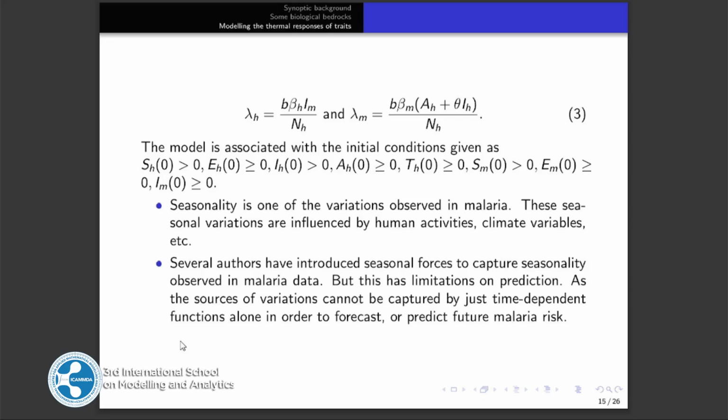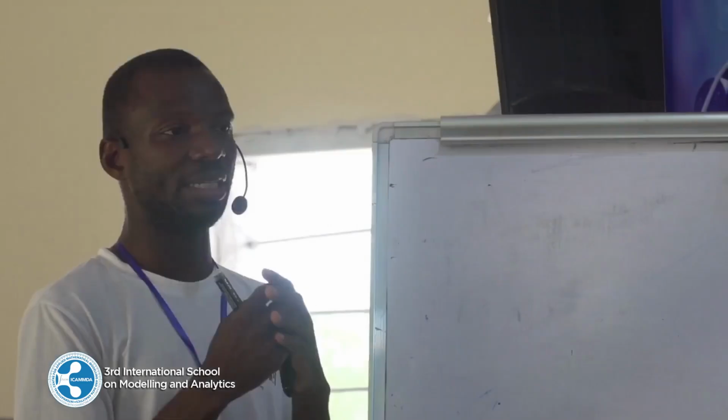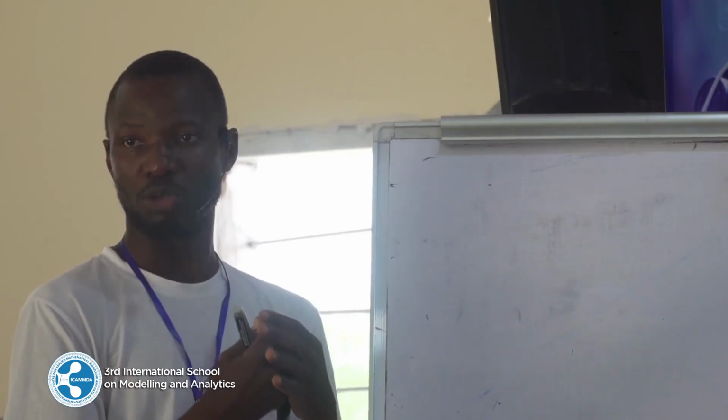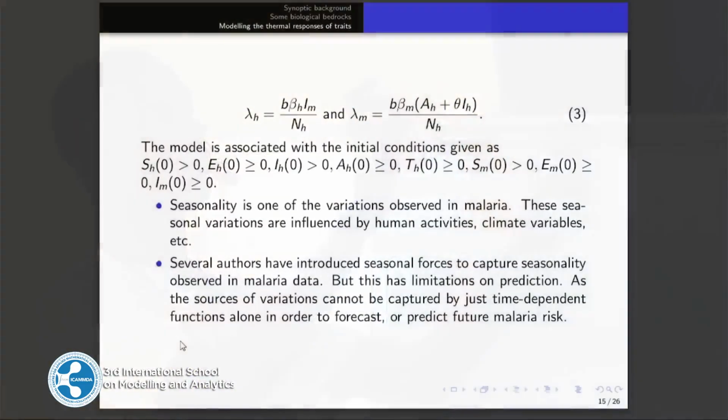So now that you know there is seasonality, you want to ask what are some of the things that can follow these seasonal patterns? One, the biting rate can follow that seasonal pattern. The abundance of mosquitoes can follow that seasonal pattern. Are we together? So you want to look at those two entities to capture the seasonality.